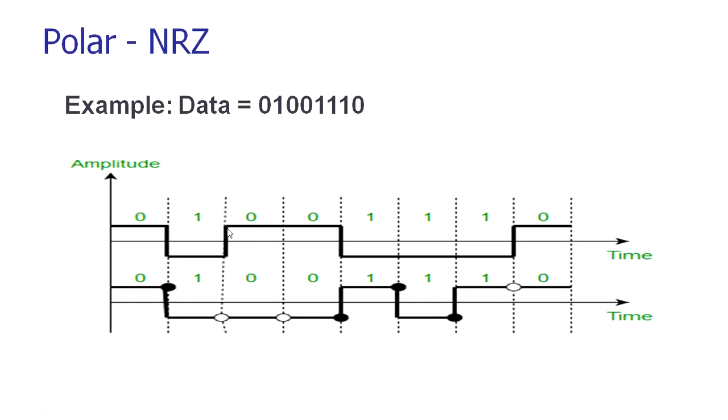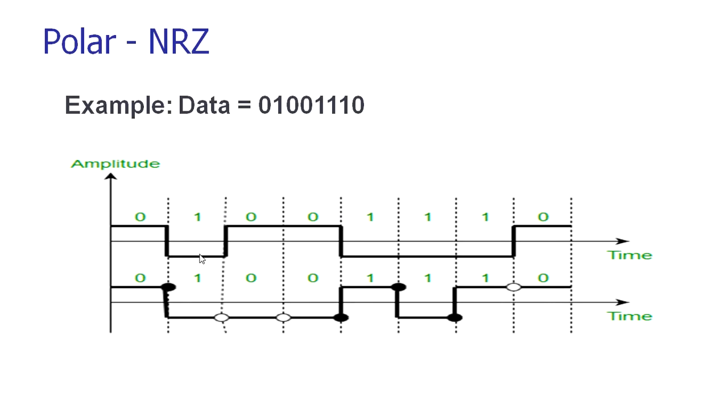The next is a 0, so it goes back to the positive highest and remains there for a 0. Whenever the bit changes from 0 to 1, it goes to negative high. So 1, 1, 1 remains at negative high and then gets back to 0. This is non-return to 0. The interpretation here is that 0 is the positive high voltage and 1 is a negative high voltage.